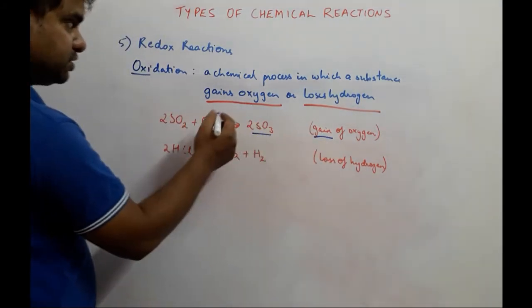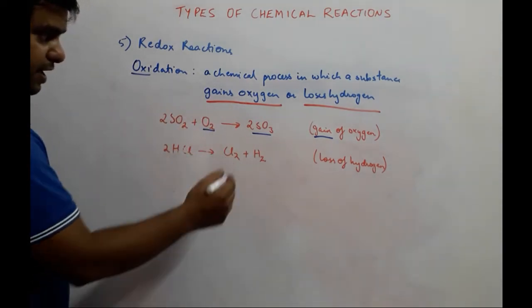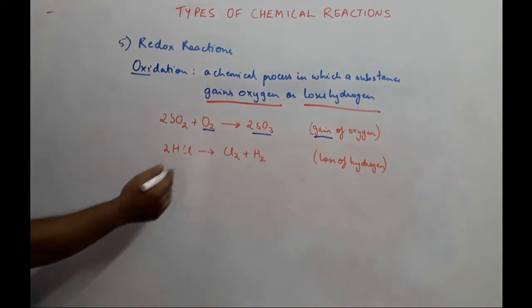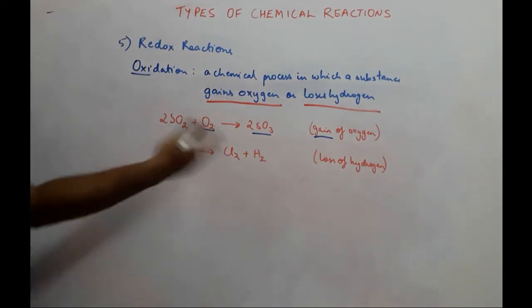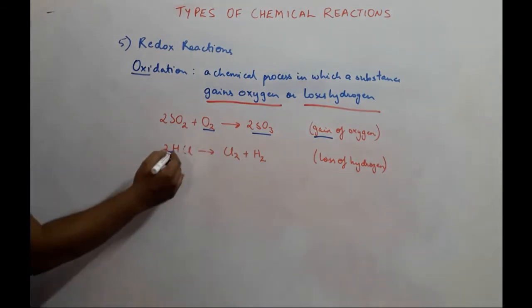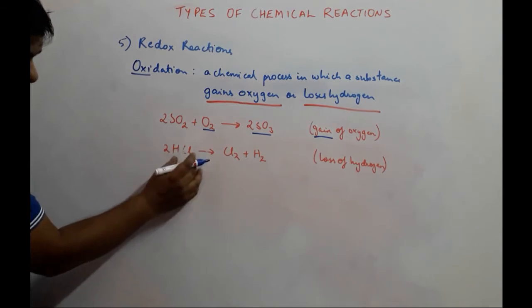Conversely, oxidation also applies to reactions which do not have oxygen in them. See, there is no oxygen in them, but in this case we look at loss of hydrogen atom. So here you had 2 atoms of hydrogen in this molecule.